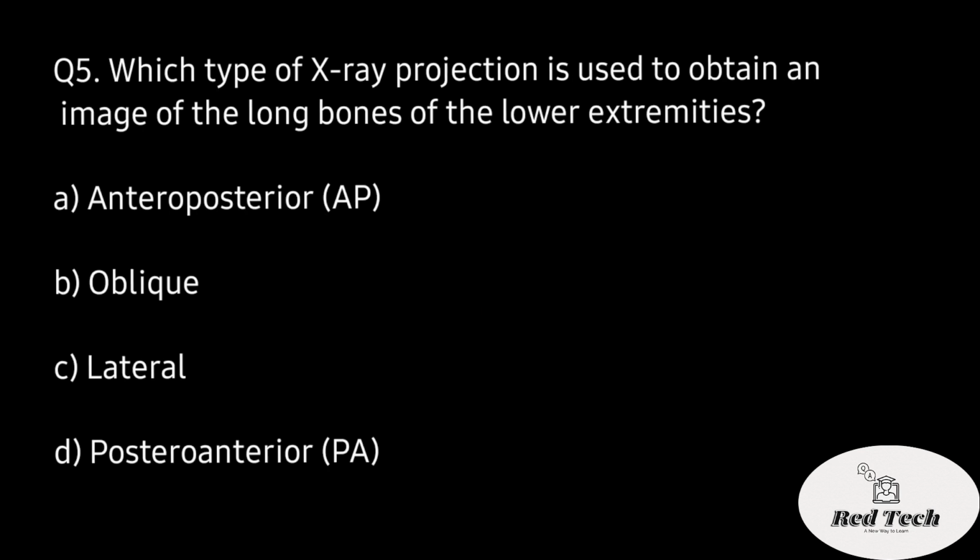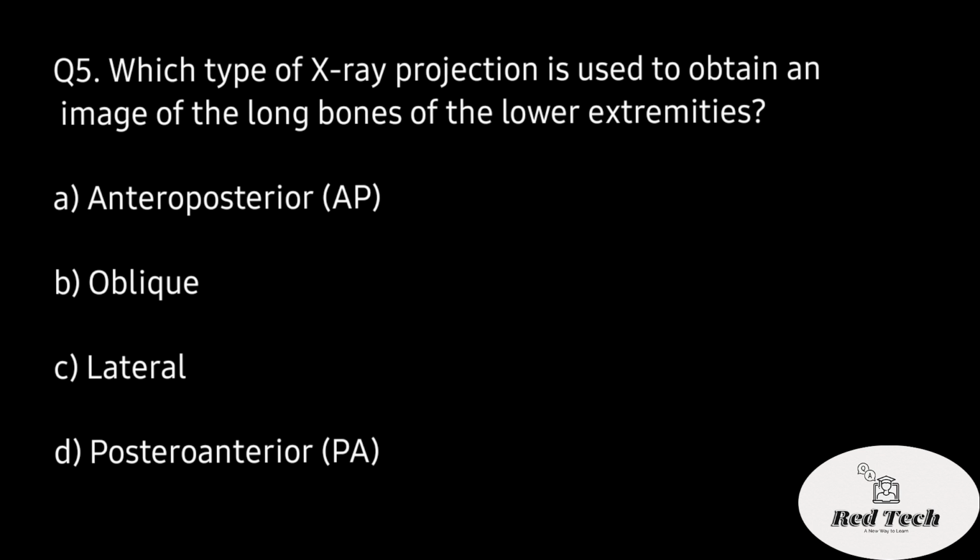Now question number 5. Which type of X-ray projection is used to obtain an image of the long bone of the lower extremities? In the lower extremities having long bones, which main projection is used to obtain the image? Options are: option A anterior posterior, means AP, option B oblique, option C lateral, option D posterior anterior, means PA.